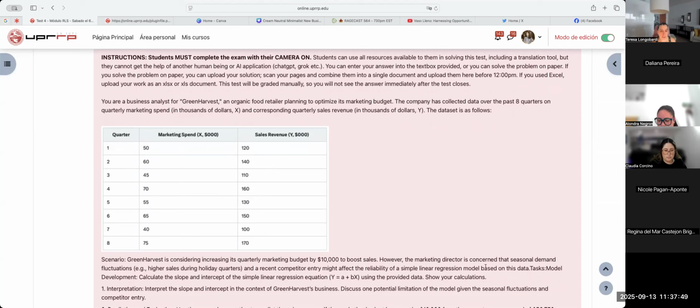However, the marketing director is concerned that seasonal demand fluctuations and a recent competitor entry might affect the reliability of a simple linear regression model based on this data. Calculate the slope and intercept of the simple linear regression equation.